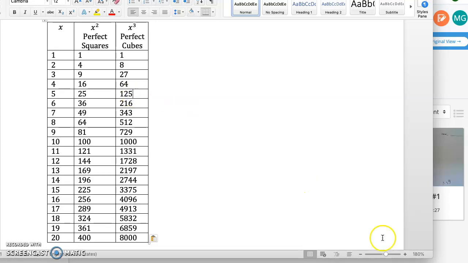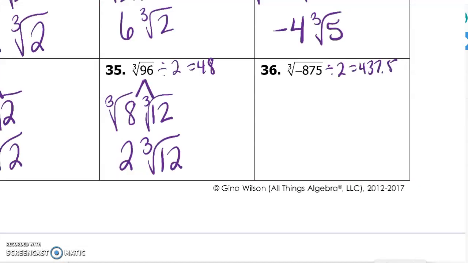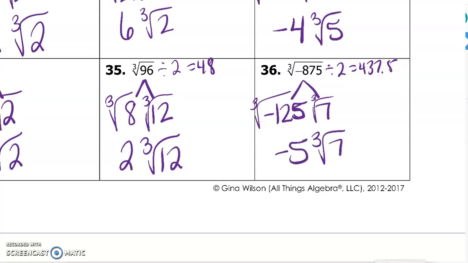Divide by 125 does work. So negative 875 divided by 125 gives us 7. So negative 125 for the perfect cube, and then 7. Cube root, cube root. So our final answer is negative 5 cube root of 7. So again, you're looking on your list to find which of those numbers goes into the number underneath.